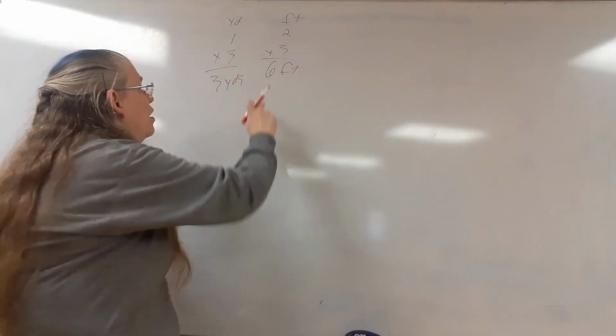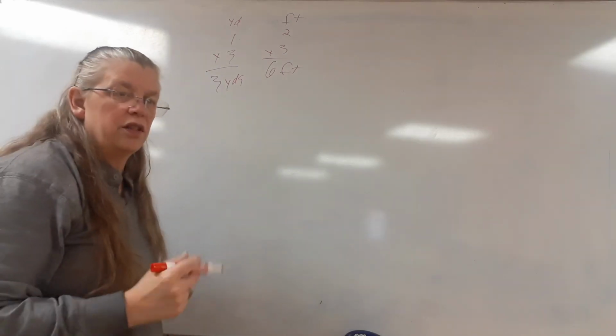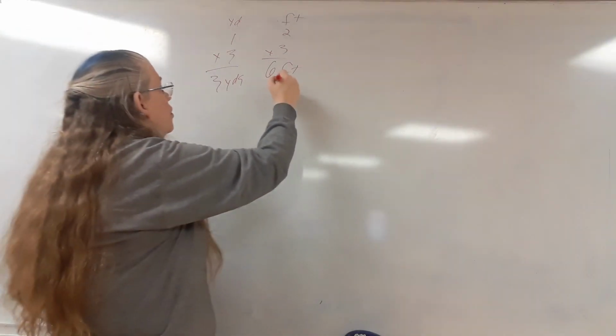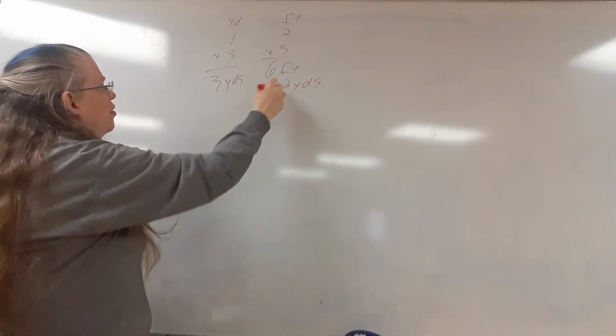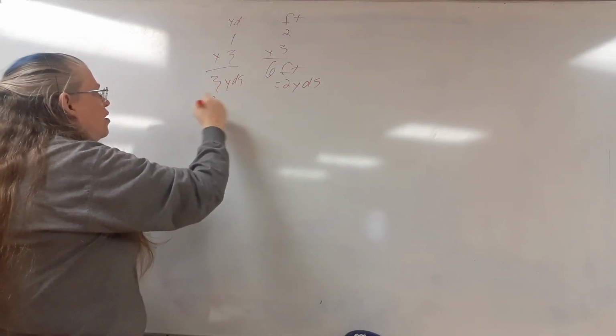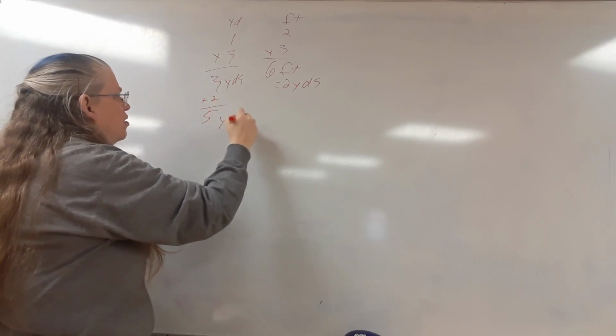Okay? 6 feet is 2 yards because it's 3 feet to the yard. So we're going to add that on, get 5 yards.